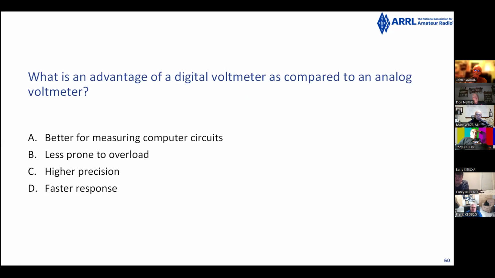And there's a clue. It's digital. So it'll give you precise readings. Yeah, it's higher precision, Charlie. Instead of just trying to see if you have a needle, you know, is that needle on the 10 or is it on the 5? It looks like it's closer to 3.